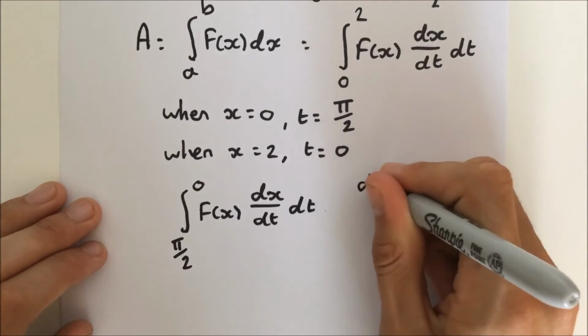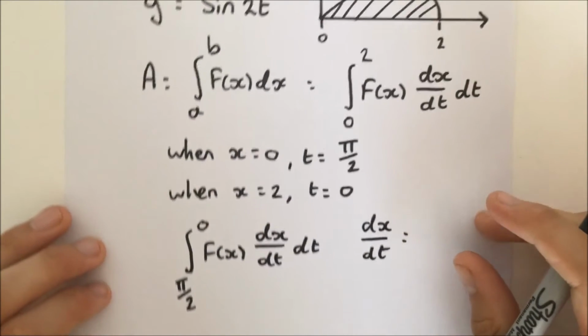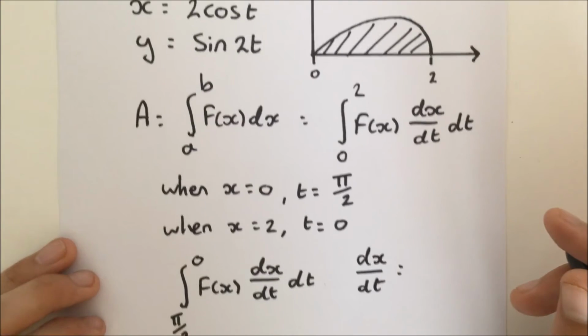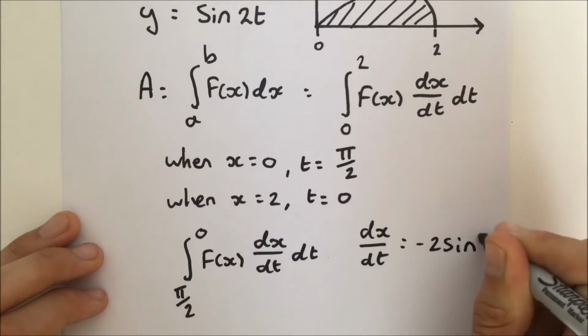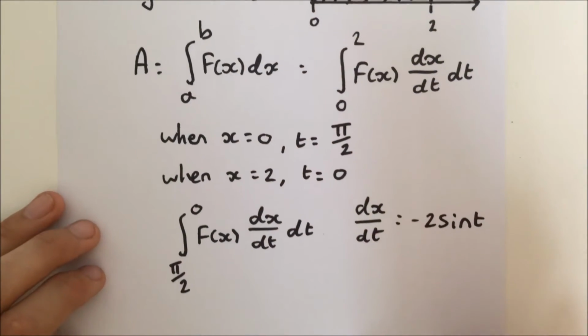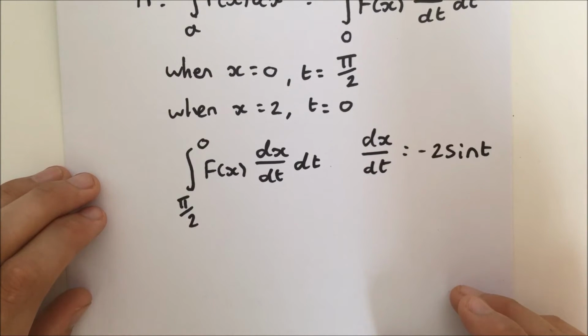So dx by dt is what? Differentiate cosine of t, that gives us negative sine of t. 2 is a constant, so we get negative 2 sine of t. That's the first bit of our integrand.